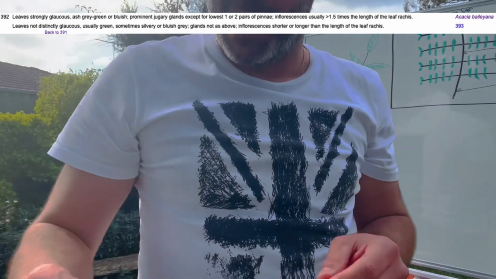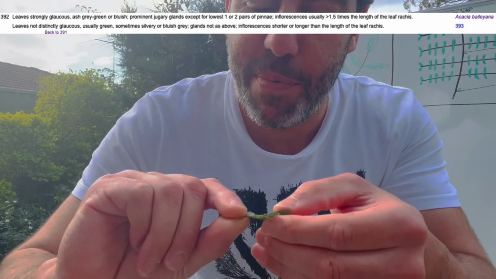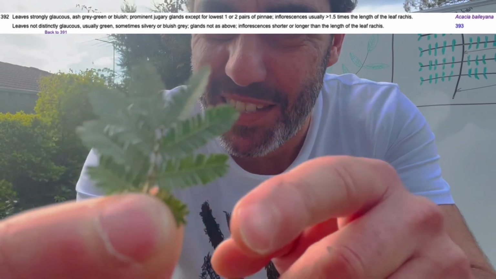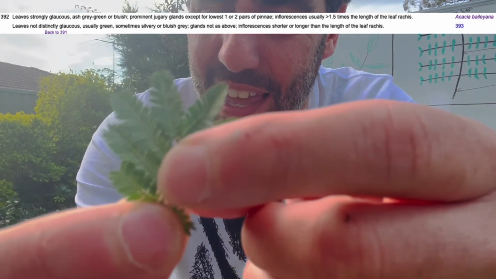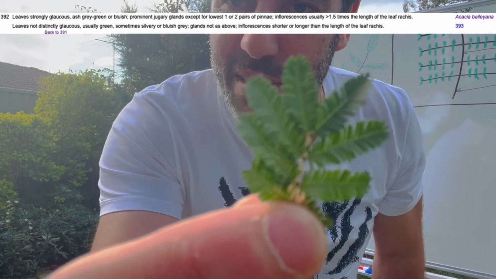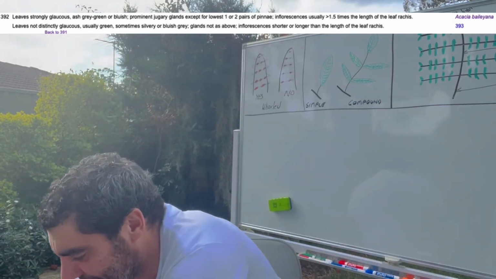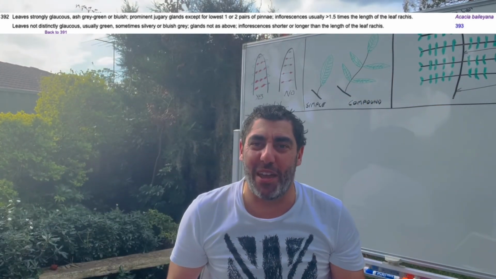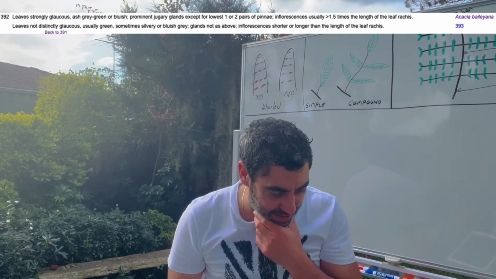If you look in the assessment, there are some that actually have quite a number of these. They're on the uppermost side, and you can see them just where the rachis connects. They're quite prominent, as it says in the key. I found that varies leaf to leaf, but you find some that are quite prominent.